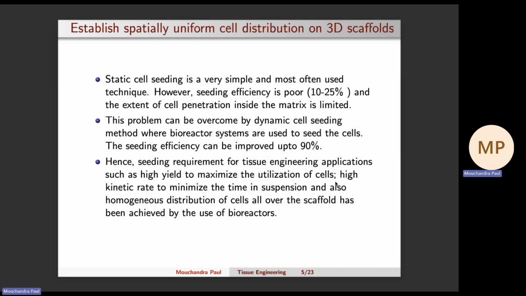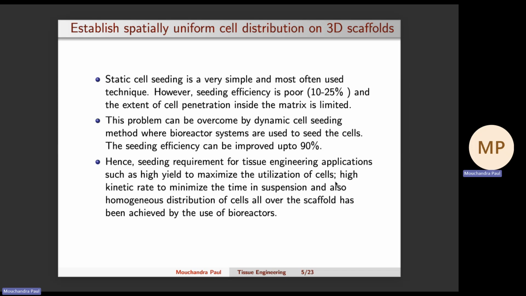If we are working with primary cells taken from a human, the source of the cells is limited. We cannot really get those cells again, so we have to utilize the cells completely. We cannot waste or risk loss of those cells.